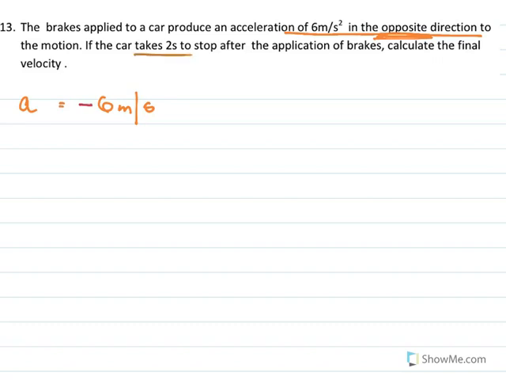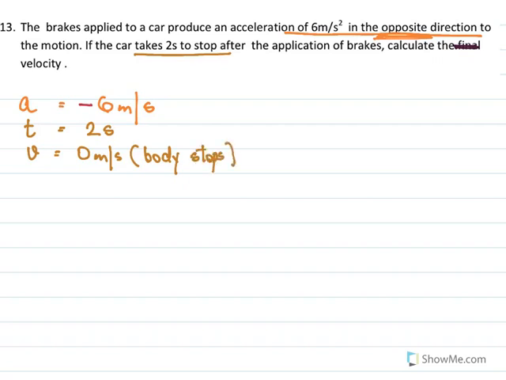If the car takes 2 seconds to stop, so time is 2 seconds, calculate the initial velocity, because we already know the final velocity is 0. The body stops here, so final velocity v must be 0. The reason is the body stops. You apply the brakes and the body stops.